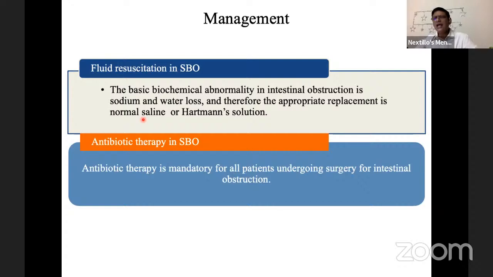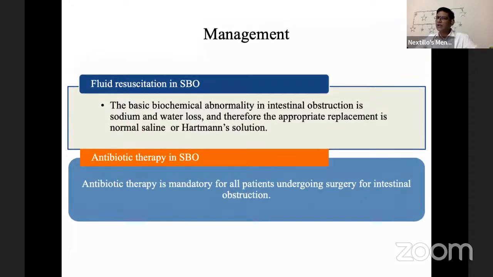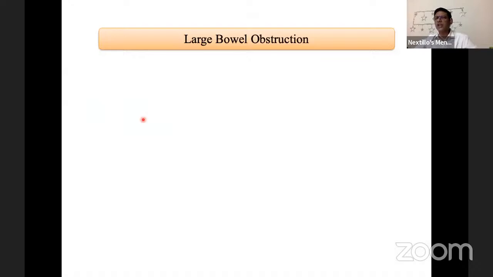Now for large bowel obstruction, most of the things remain the same. Large bowel obstruction can also be either mechanical or non-mechanical, dynamic or adynamic, that is functional or pseudo-obstruction, Ogilvie's syndrome.